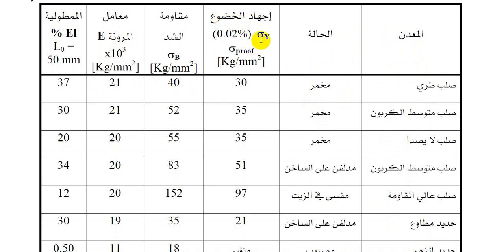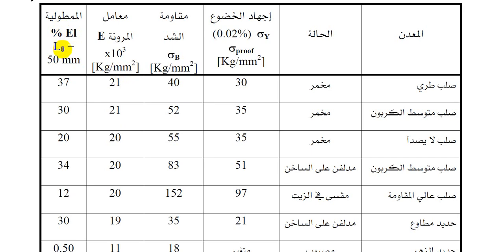The yield stress is given by sigma y, the 0.2% proof stress, measured in kilograms per square millimeter, as well as the tensile strength, sigma b, also in kilograms per square millimeter, and the modulus of elasticity, the Young's modulus, multiplied by 10 to the power 3, also in kilograms per square millimeter.